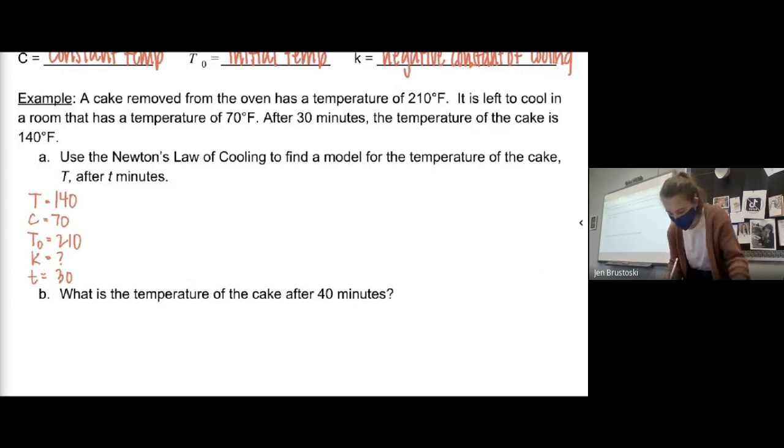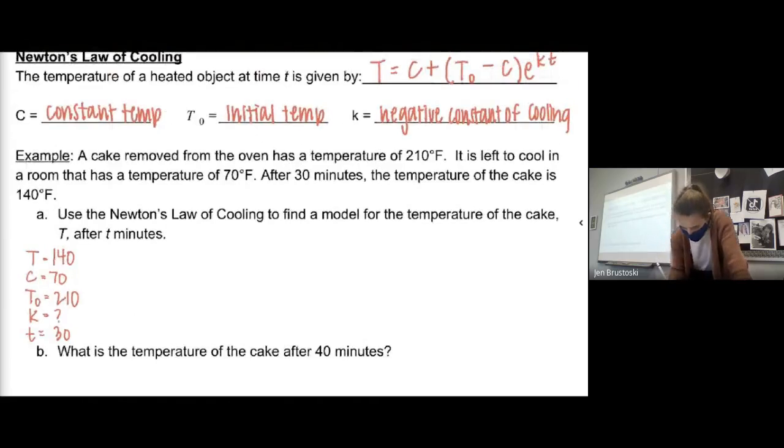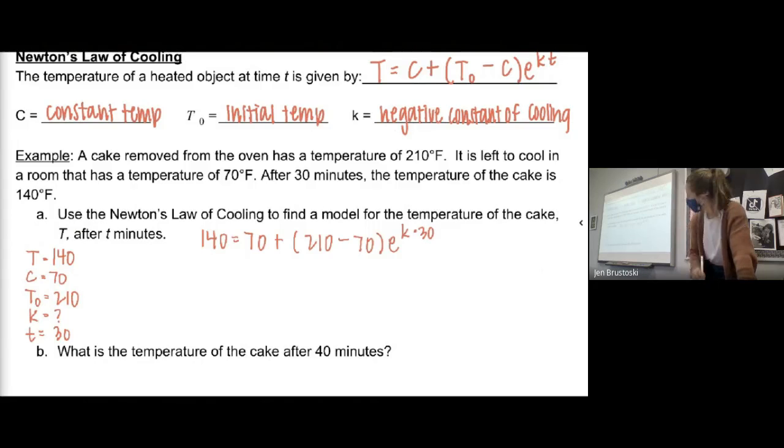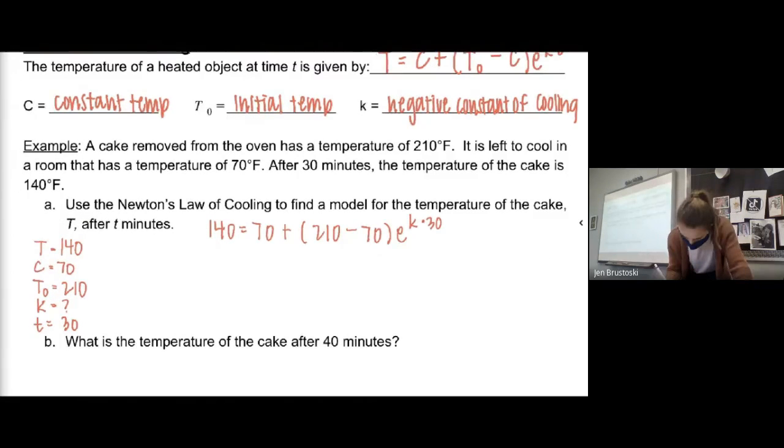Okay, let's plug all that into our equation. So I have 140 equals C plus T naught minus C, e to the K times T. Let's go ahead and simplify. So I have 140 equals 70 plus 140 e to the 30K.